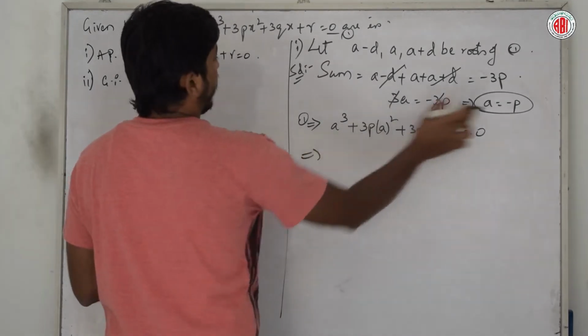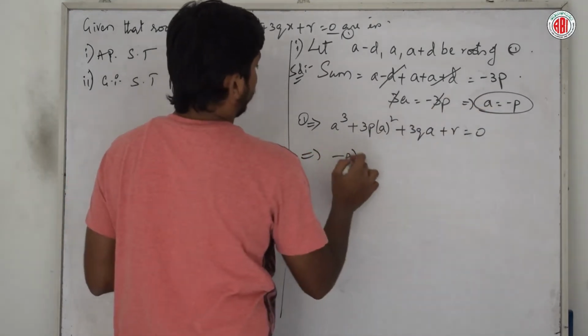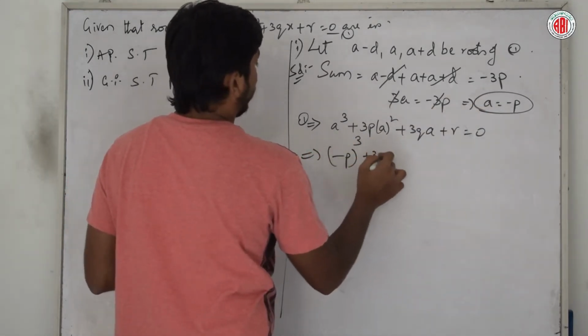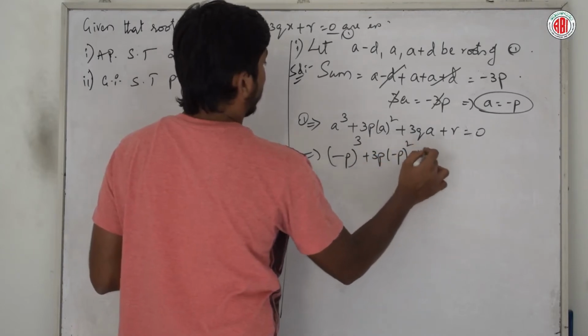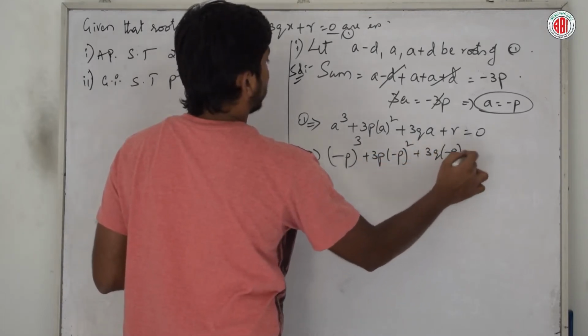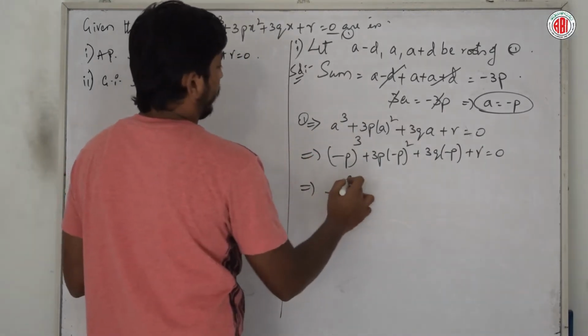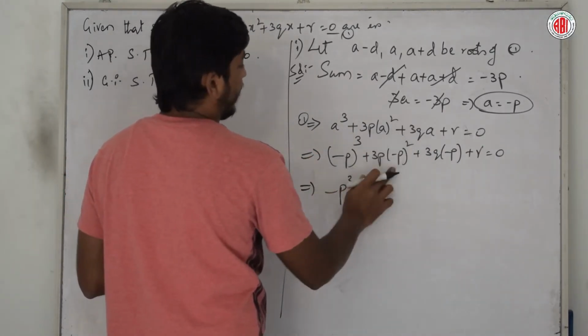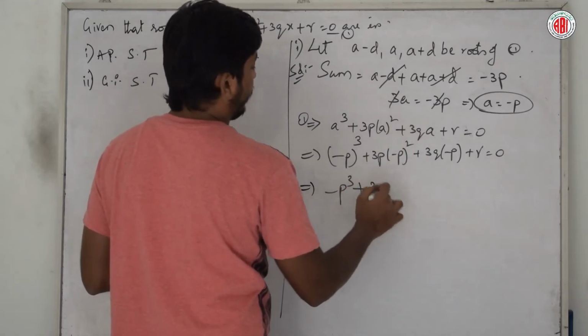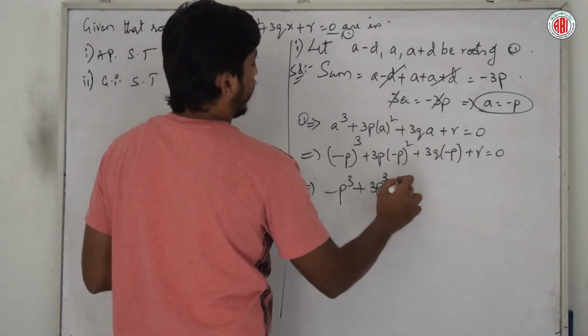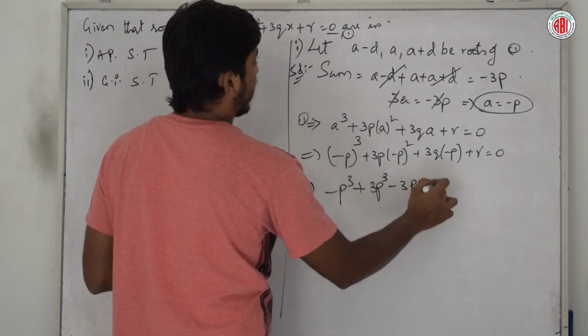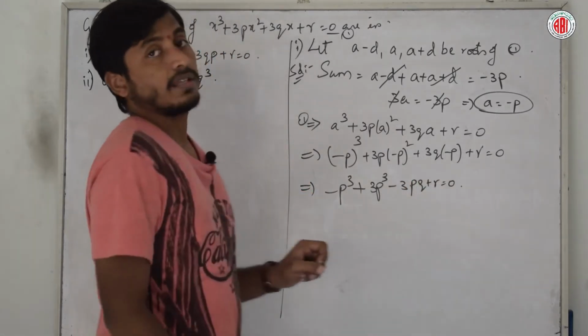So instead of a we are going to substitute minus p. Okay, minus p whole cube plus 3p into minus p whole square plus 3q into minus p plus r is equal to 0. Minus p cube, here minus p whole square, obviously it will be 3p cube, here minus 3q p plus r equal to 0. Is it okay?